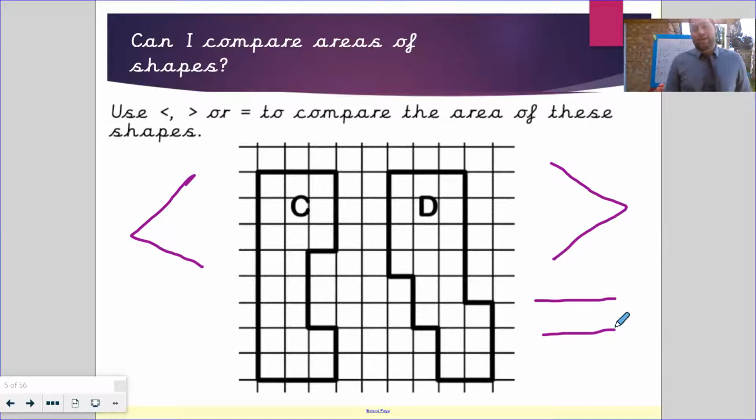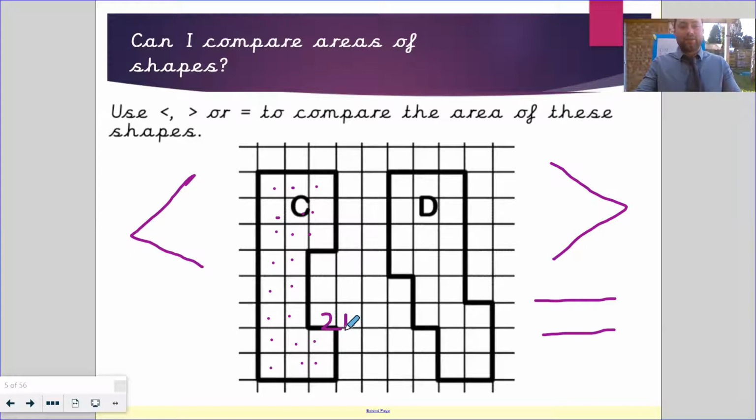Right, now we know that, let's have a look at our shapes and let's compare the area. So we have 1, 2, 3, 4, 5, 6, 7, 8, 9, 10, 11, 12, 13, 14, 15, 16, 17, 18, 19, 20, 21 squares here.